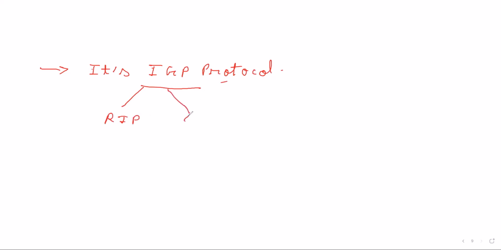Okay, so it's an IGP protocol. In the IGP category, we have three protocols. I think you guys already know: RIP, EIGRP, and OSPF. There is one more protocol, but nowadays we are not using it, I will tell you later. No problem.